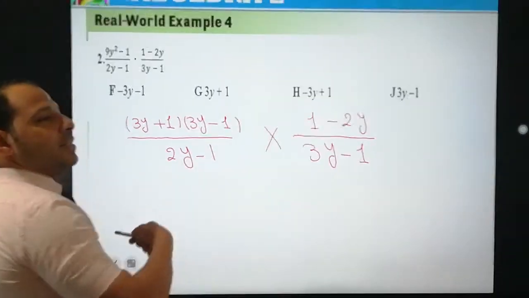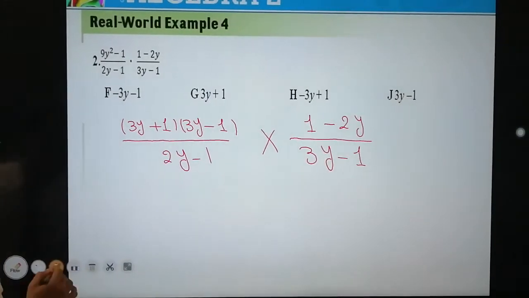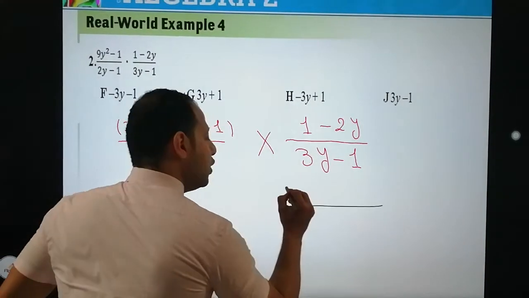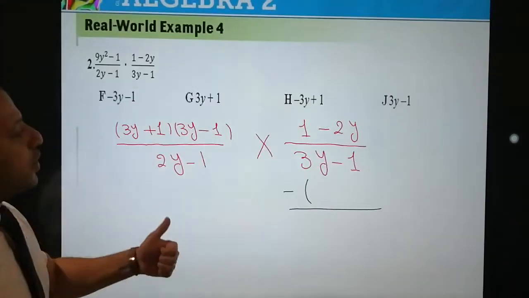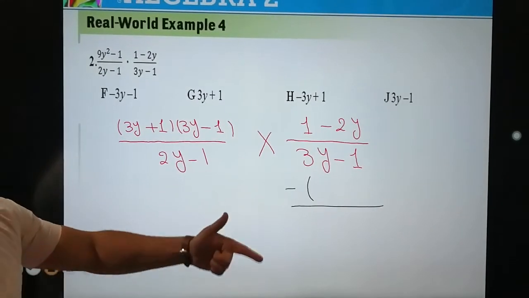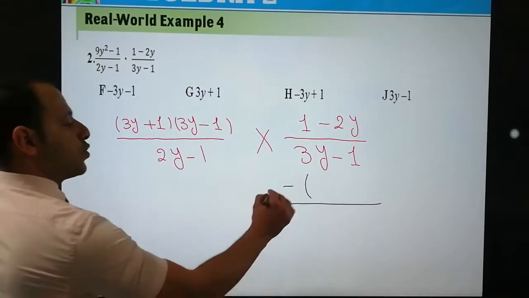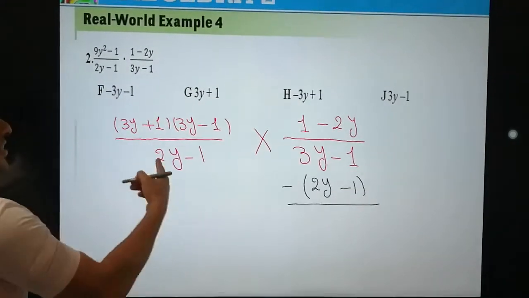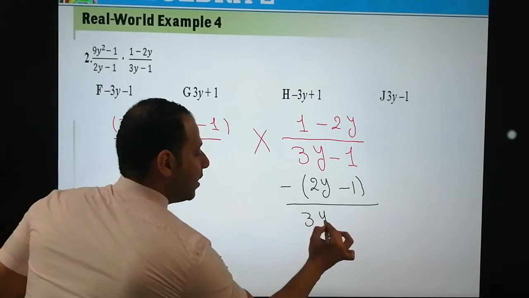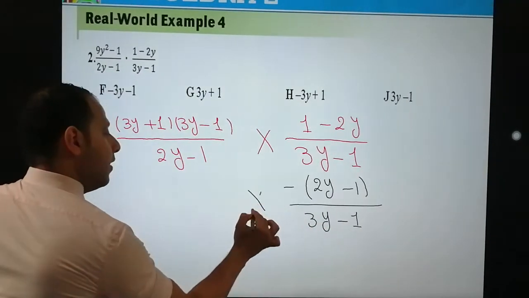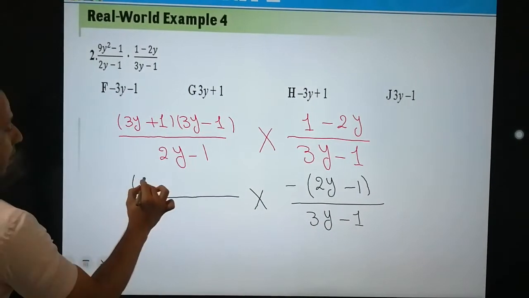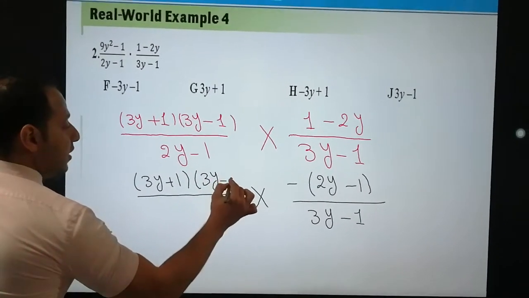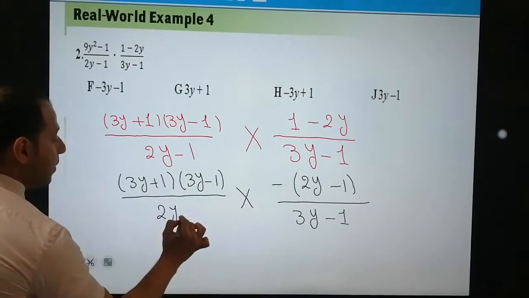So take negative as a common factor. It means I change the sign of 1 and the sign of negative 2y, so it becomes positive 2y minus 1. Now we can cancel and get the simplest form.